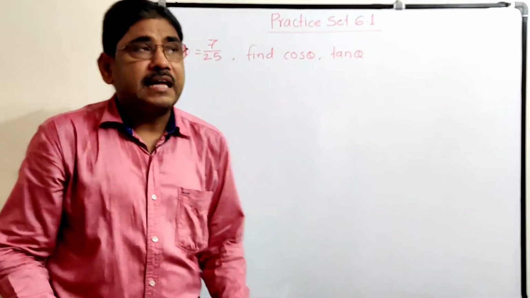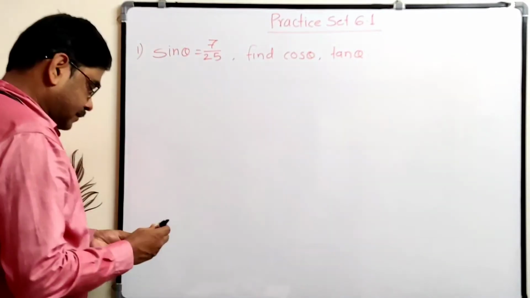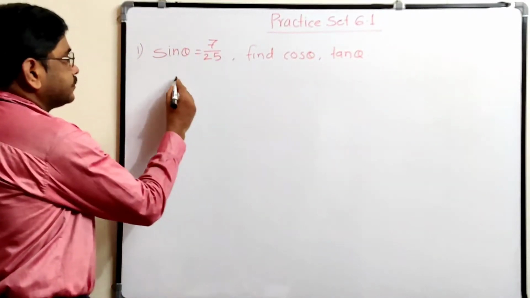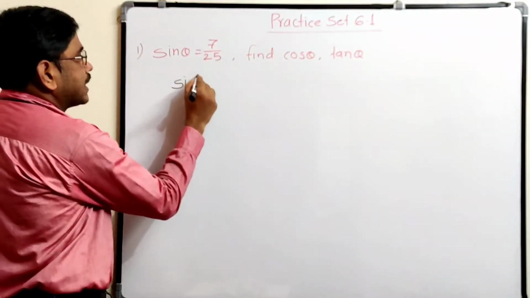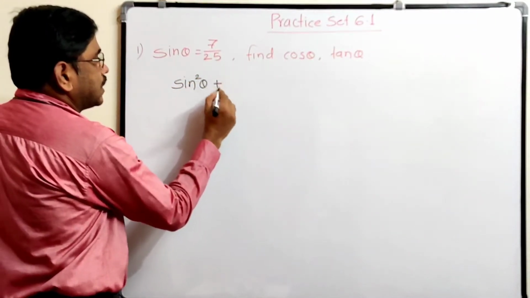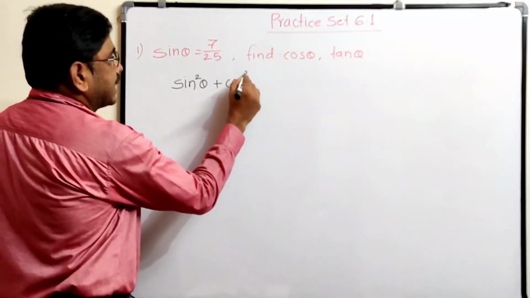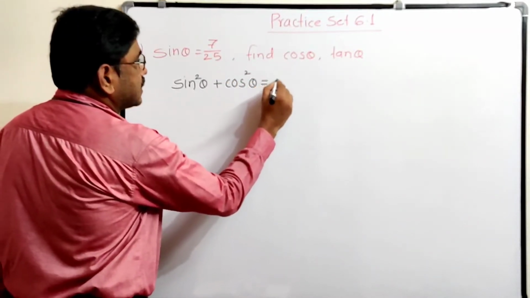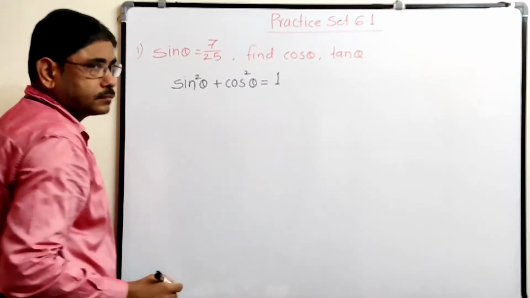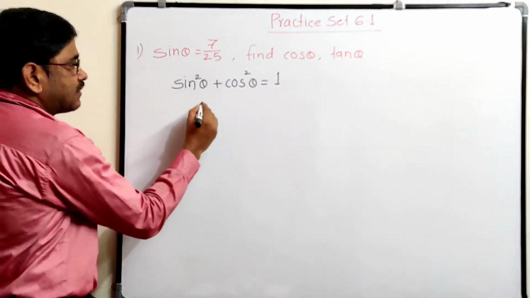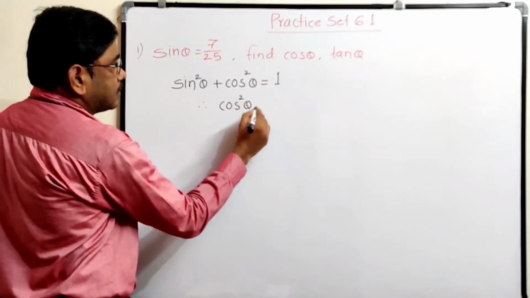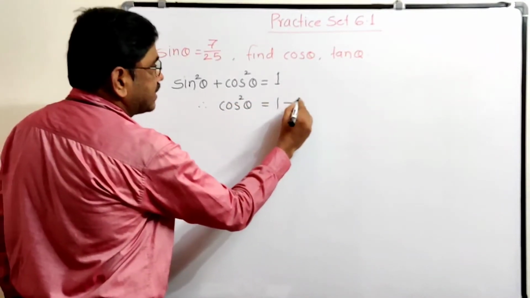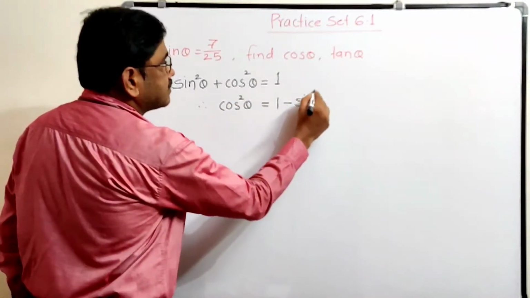But we are doing that with identities. The identity is the first identity we studied, that is sin square theta plus cos square theta is equal to 1, and therefore cos square theta is equal to 1 minus sin square theta.